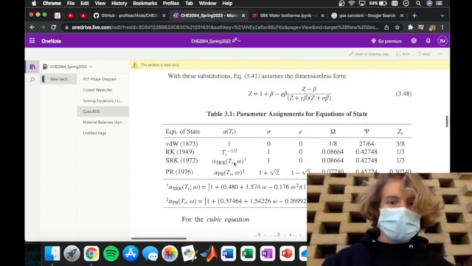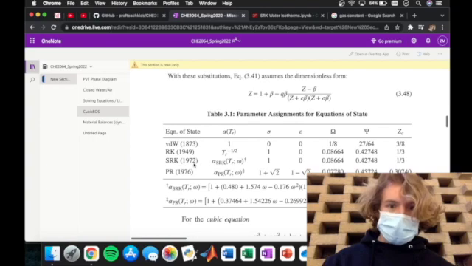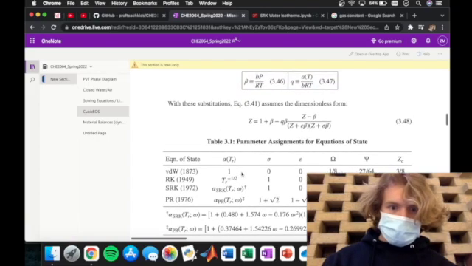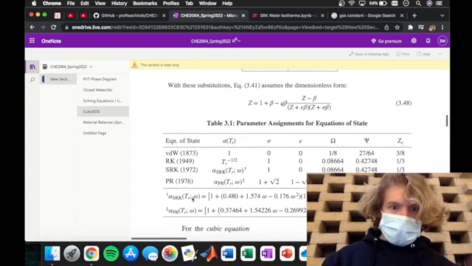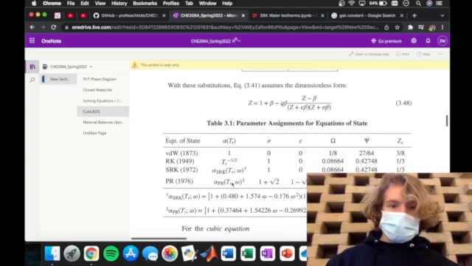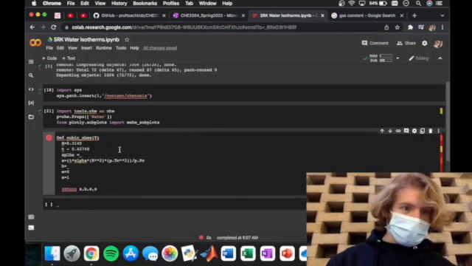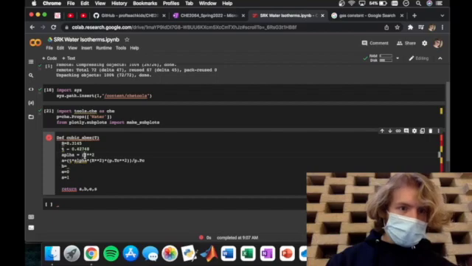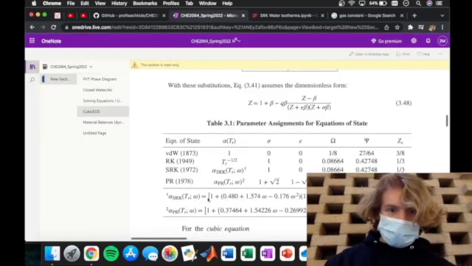So it looks like the value for alpha for the SRK equation is going to be equal to TR over W. Never mind, it's right here, so we're going to go ahead and use this equation right here. So we'll input, alright, so this is all going to be squared right here, so we'll go ahead and add this out here. And then go ahead and copy what it has in here.